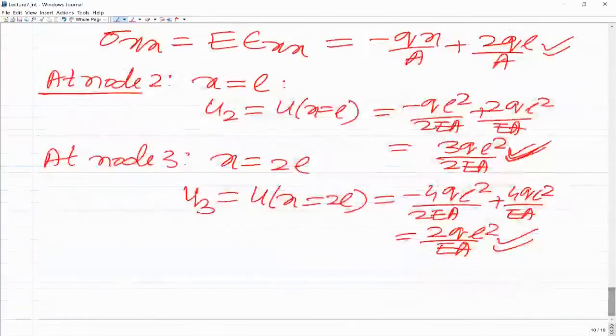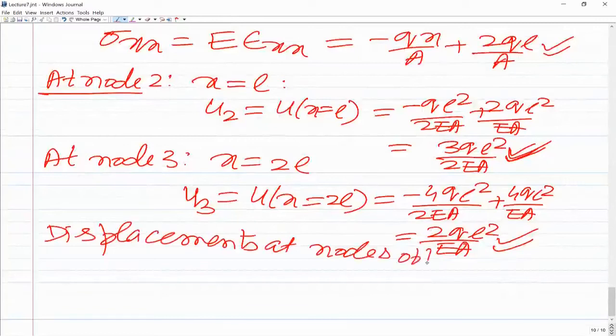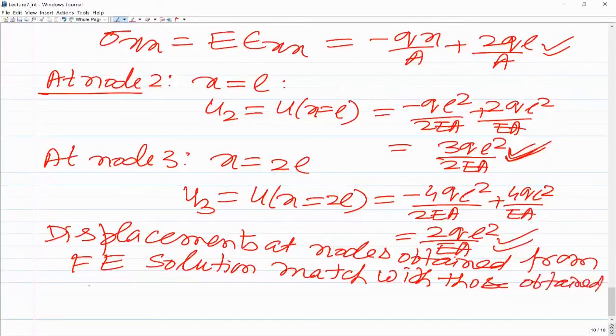So as a conclusion, we can say here that displacements at nodes obtained from the finite element solution match with those obtained from the exact solution.